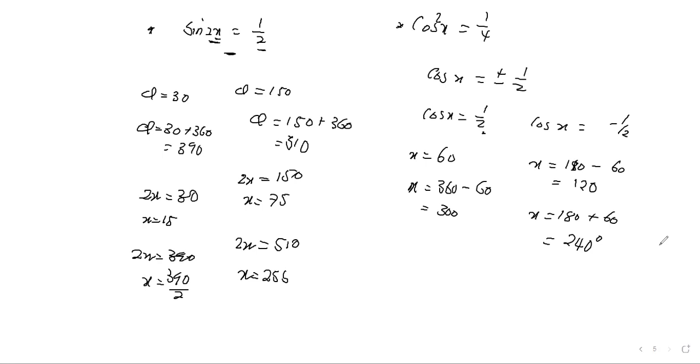If you are having 240 and you're looking for the angle that lies in the first quadrant, you subtract 240 minus 180 to get 60. You never use 270. So that's the idea there.